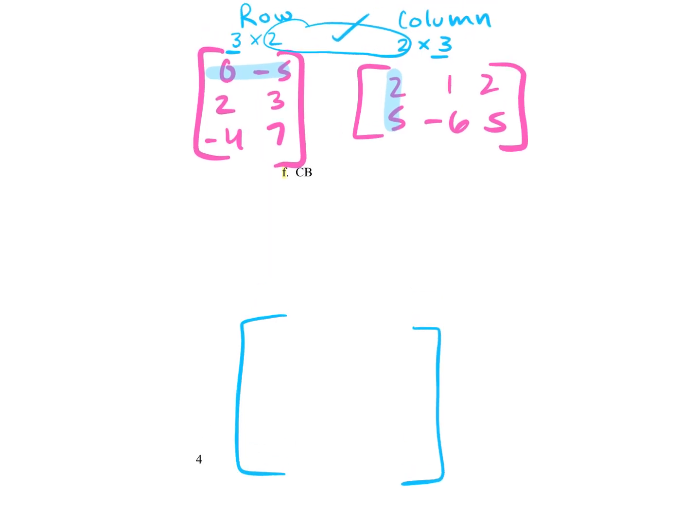So in our first row, first column spot, we start with the first row, first column. So we have 0 times 2 would be 0. And the second number times the second number would be -5 times 5, which would be -25. 0 minus 25 is -25.